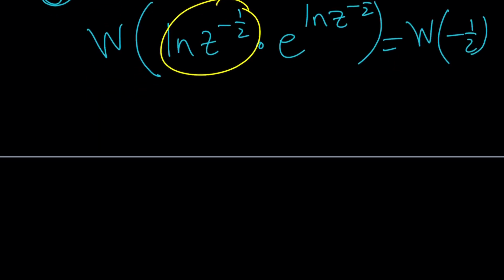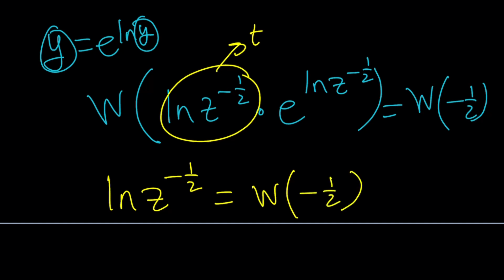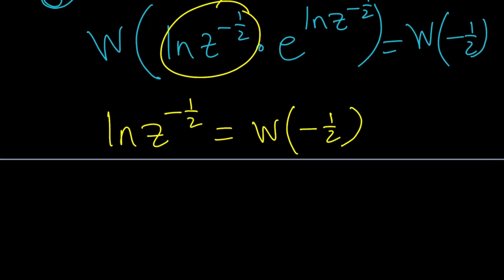And W of t e to the t is just t. So t, which is ln z to the power -1/2, equals W of -1/2. Awesome.